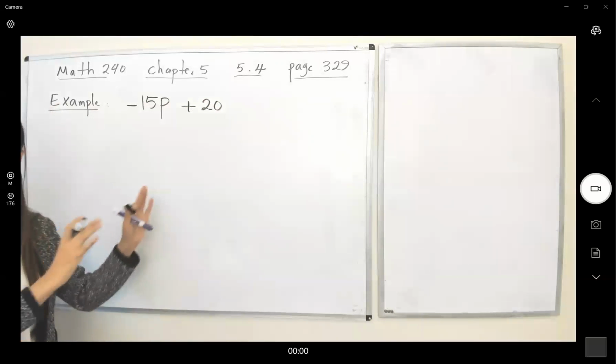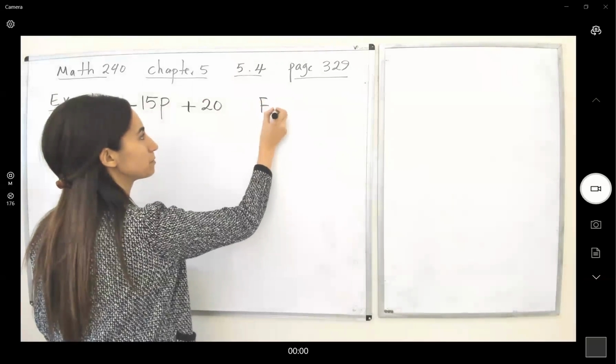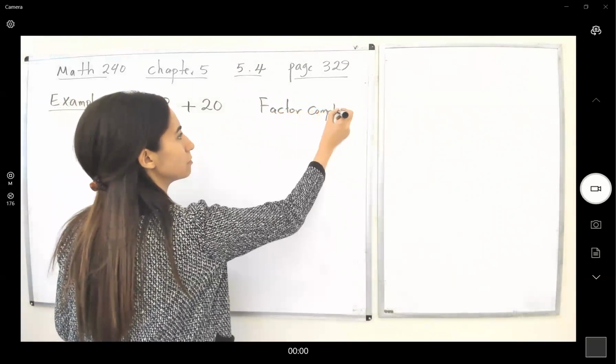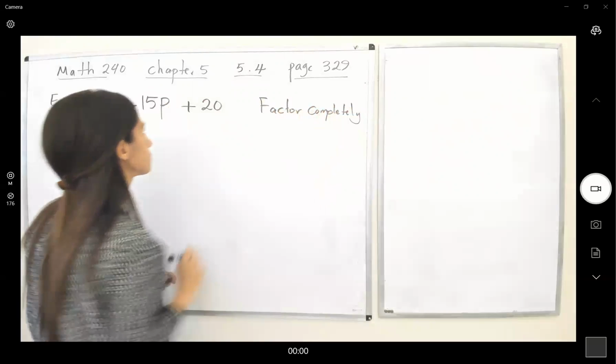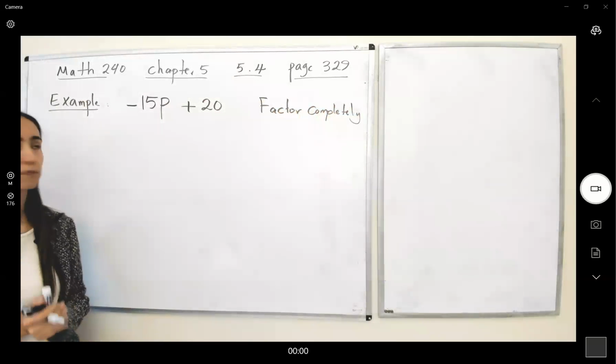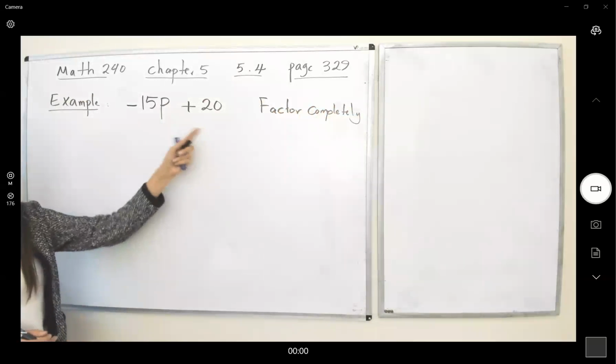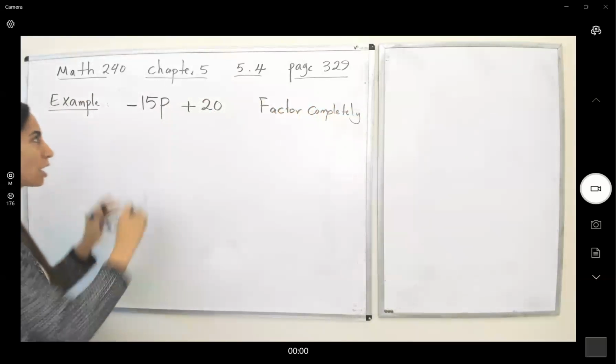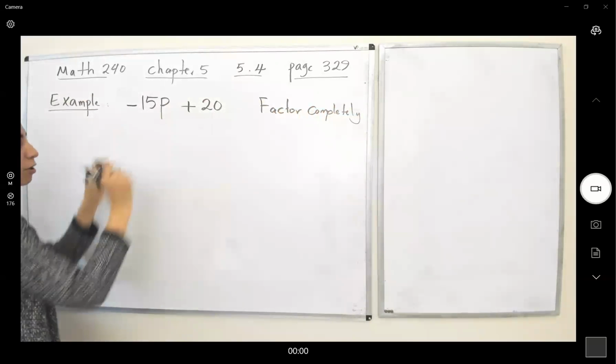The question says, factor completely. Well, let us break down the numbers. As you can see, we don't have any variable here. So we're going to break down the numbers.